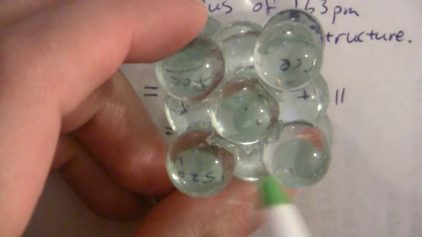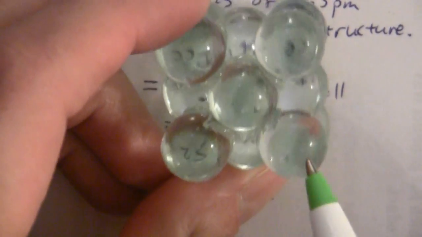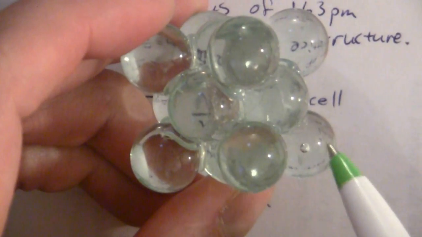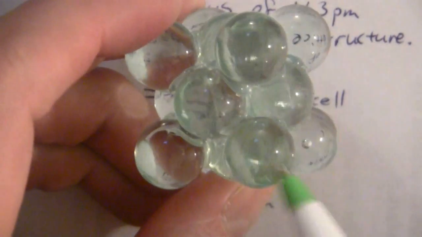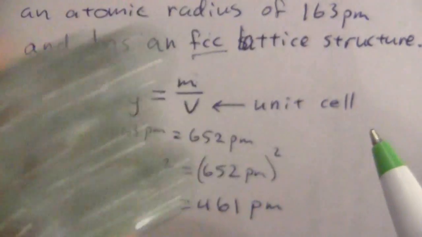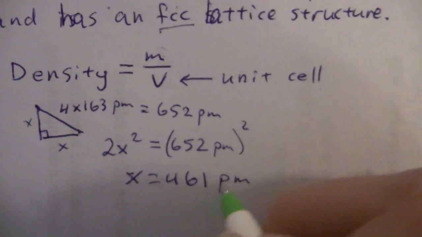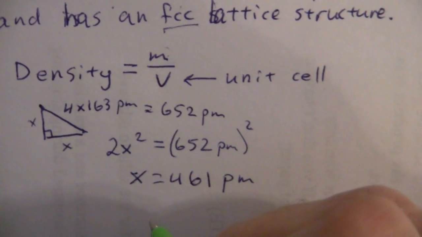Now if we want the volume of this cubic unit cell, it's width times length times height, all of which are equal, and so we can take this number and cube it to get our volume.